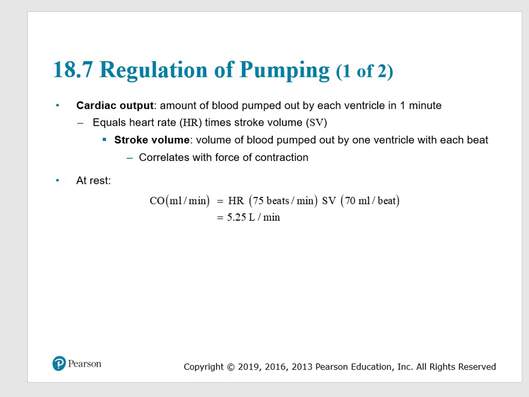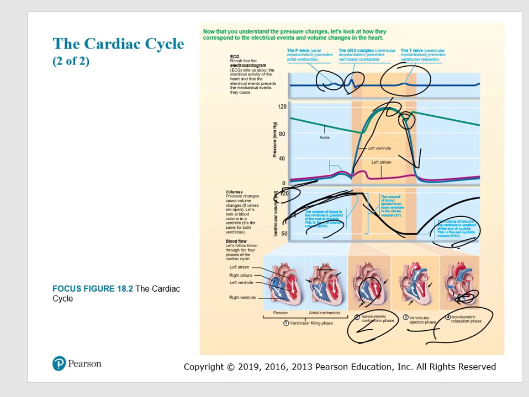Now, when we were talking about the cardiac cycle, I mentioned EDV and ESV volume. EDV was 120 ml, end diastolic volume. ESV was 50 ml. So I said EDV minus ESV, 120 minus 50, which is 70 ml, is what actually reaches the aorta.